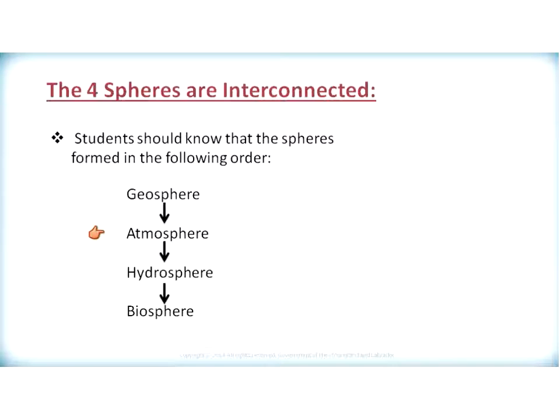One of the main gases in the atmosphere was water vapor. And once the Earth's temperature cooled below 100 degrees Celsius, the water vapor in the atmosphere condensed, and great rains commenced falling upon the Earth's surface, which formed the hydrosphere. And once you had those 3 spheres established, life began in the oceans, and that would mark the beginning of the biosphere.